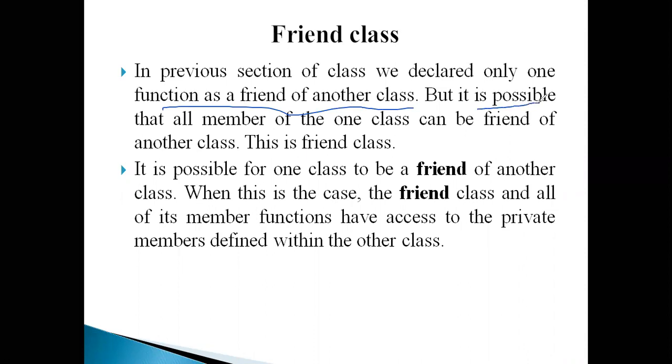But here, it is also possible to make all members of one class friends of another class. Simply we make one class a friend of another class. When we make one class a friend of another class, then automatically all the member functions are going to share with each other.